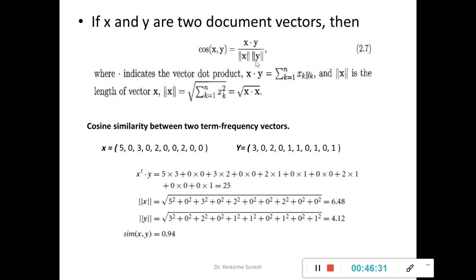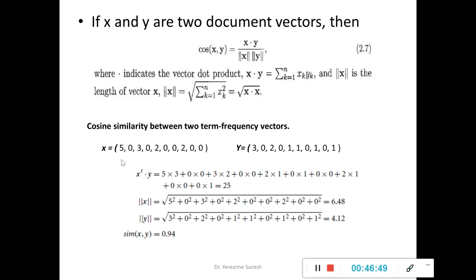So I'll take two documents x and y with their term frequencies, for x being 5, 0, 3, 0, 2, 0, 0, 2, 0, 0, and for y being 3, 0, 2, 0, 1, 1, 0, 1, 0, 1.